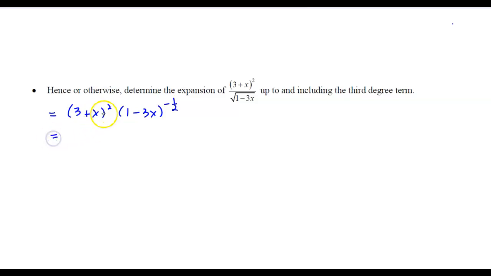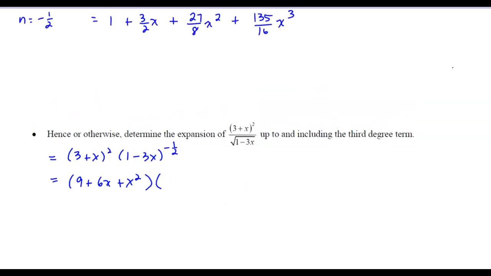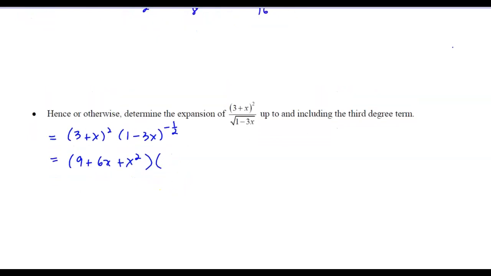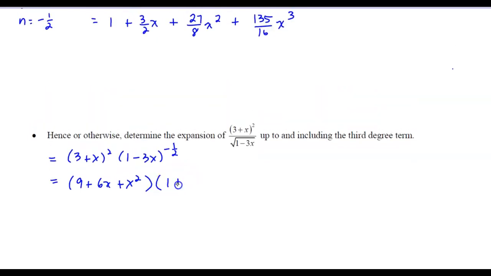So this, when I expand out 3 plus x, I get 9 plus 6x plus x squared. It's already a polynomial. And then from above, that's 1 plus 3 over 2x plus 27 over 8x squared plus 135 over 16x cubed.